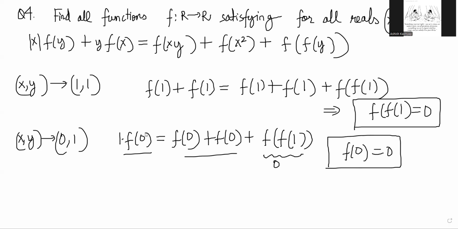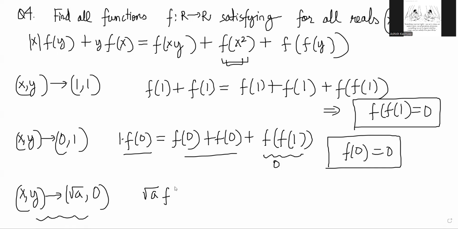Okay. Now notice that there is a f of x squared term here. So I don't want to put x is equal to a. I want to put x is equal to root a, right? So what I will do is xy is root a times and 0. Why? Because that will make it f of a here, right? So what I get here is root a times f of 0 plus y is 0.